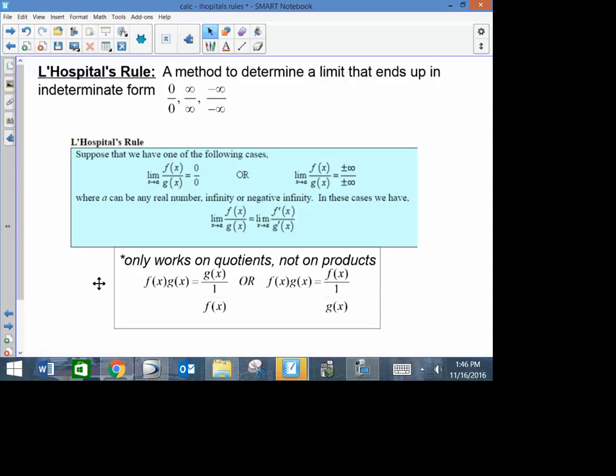It's only used if we end up with limits that look like that when we plug in. Okay, so here's the rule. The limit as x approaches a of f of x over g of x, when you plug in a, you get 0 over 0.